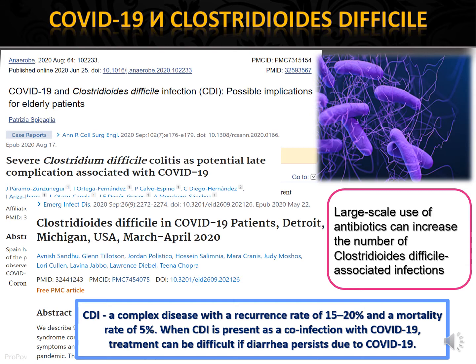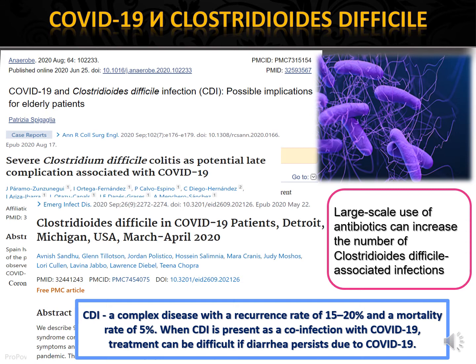COVID-19, because a lot of antibiotics were received by our patients who were infected with coronavirus infection and then hospitalized to our hospitals and intensive care units maybe, and after receiving a lot of antibiotics, they got Clostridioides difficile infections.